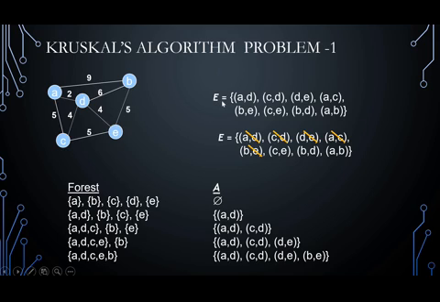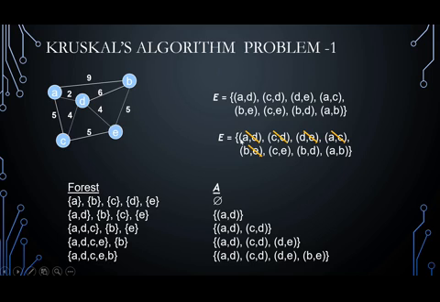Then I am creating an edge set AD with 2, CD with 4, DE with 4, AC with 5, BE with 5, CE with 5, BD with 6 and AB with 9. Okay. Now my actual algorithm process begins.